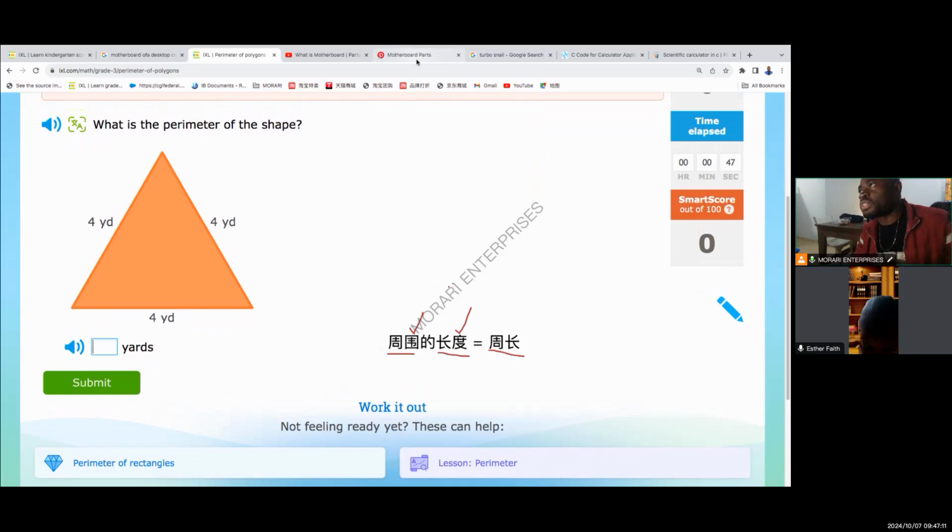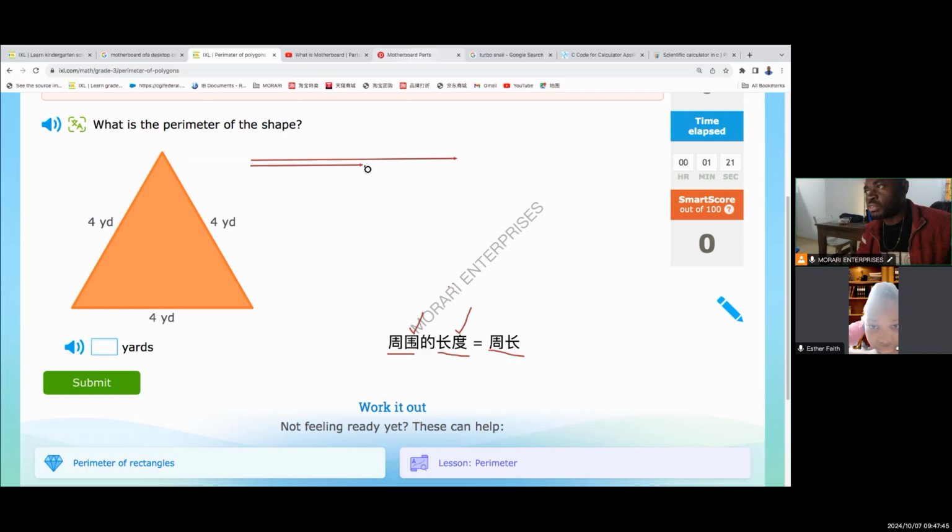Or another way to say 1 yard is 3 rulers. Do you have a 30 centimeter ruler or a 15 centimeter ruler? How long is your ruler? If it is 15 centimeters, then you need 6 of those rulers to make 1 yard. But if your ruler was 30 centimeters, you need 3 of them, because some rulers are just half of the other ruler.